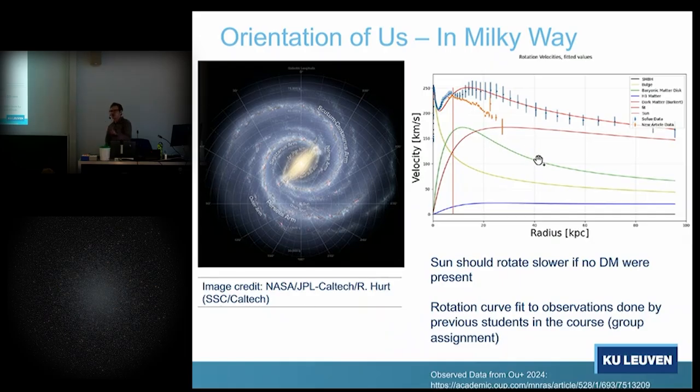Typically we say roughly that if it were only such a disk, the Sun should rotate with about 160 kilometers per second. But we infer that it rotates with about 220 kilometers per second around the Milky Way center. And the way to explain that is to add a huge halo around here.